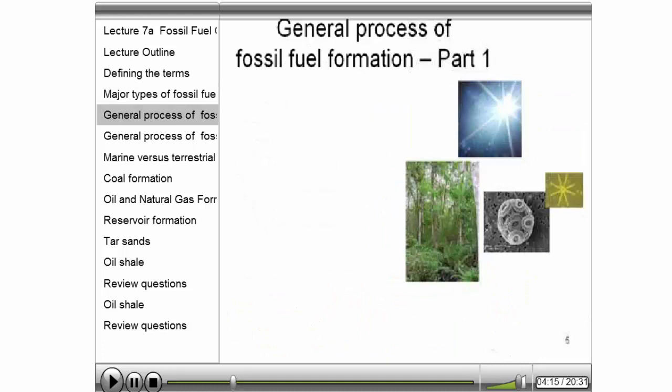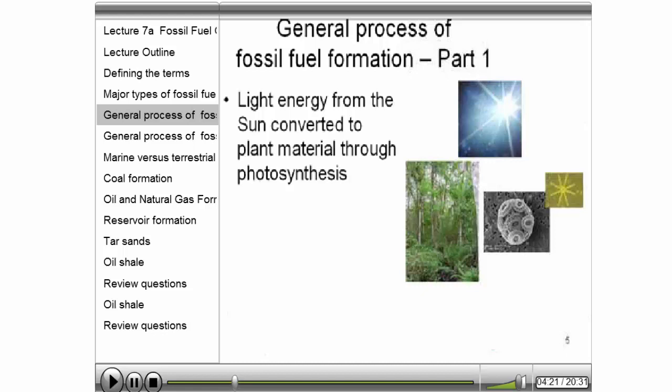There's a general sequence of fossil fuel formation that's true of all the types, and it begins with the input of light energy from the sun being passed through space to the earth, and plants absorb that light energy and convert it to chemical stored energy through the process of photosynthesis. That can be in terrestrial plants or in marine single-celled or simple-celled plankton or other microscopic organisms.